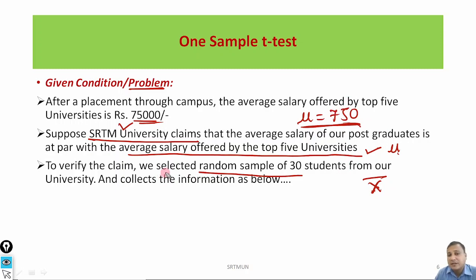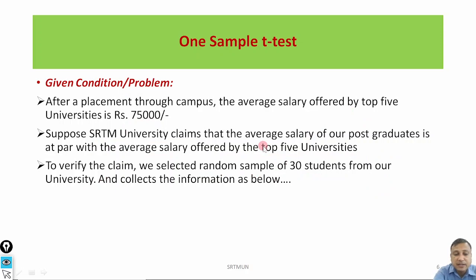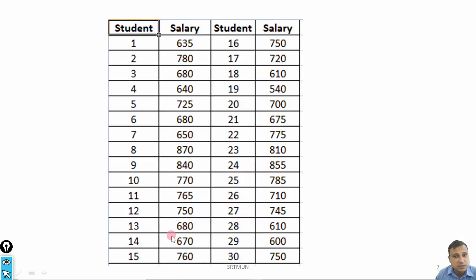So I'll select the random sample of 30 students from our university and collect the responses. Here are the responses. Here is the salary in hundreds, so it becomes 63,500, 78,000. This is the way the numbers are.